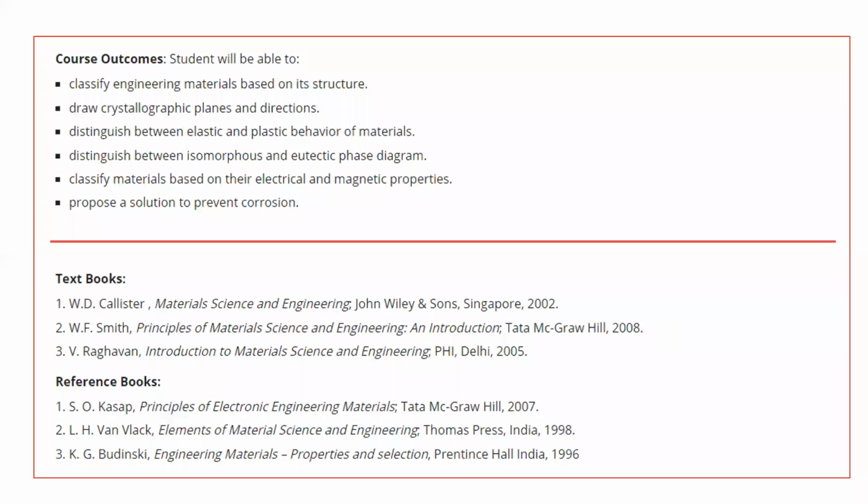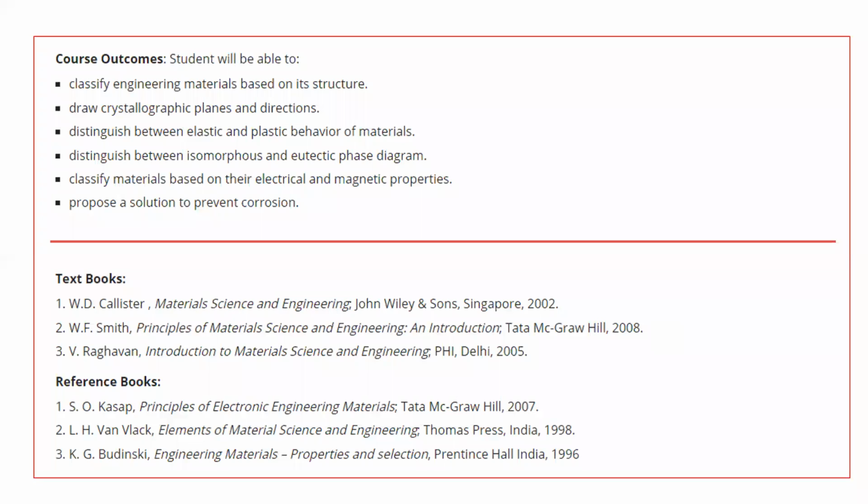The third outcome will be, once you study the mechanical properties of the material, you should be able to discriminate two broader classes, that is elastic and plastic classes of the material. You should be able to distinguish amongst them. Once you study the phase diagram, you will be able to distinguish the two broad classes of phase diagram.